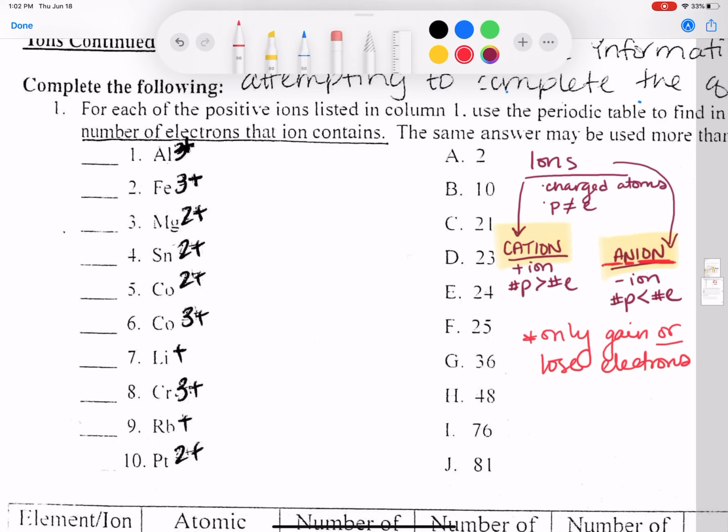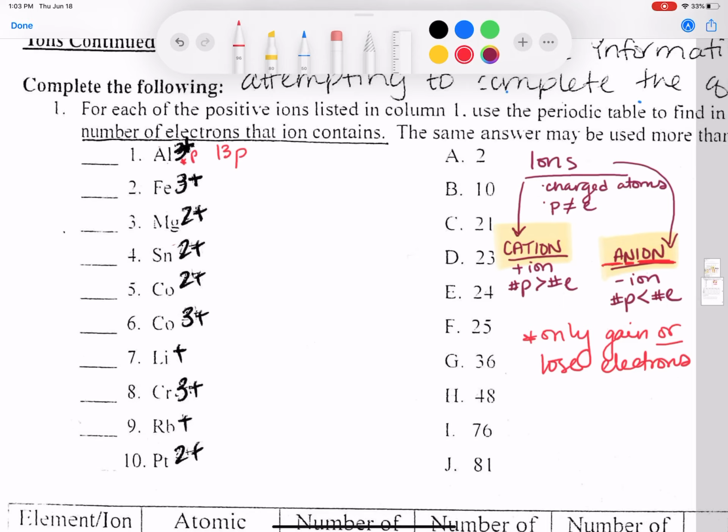Aluminum is number 13 on the periodic table, so aluminum always has 13 protons. Aluminum here has a 3+ charge, so it's showing off that it has 3 more protons than plain old normal aluminum.